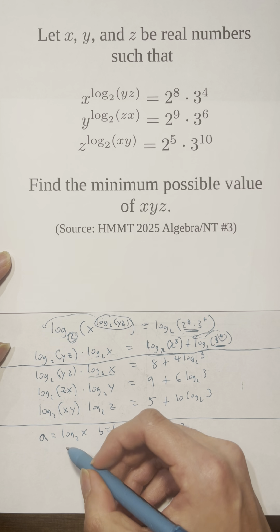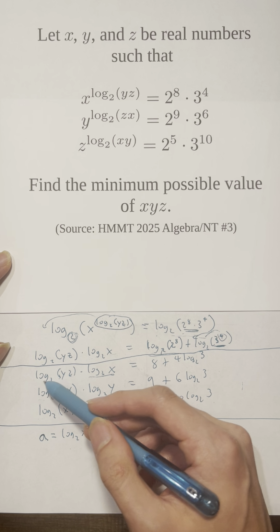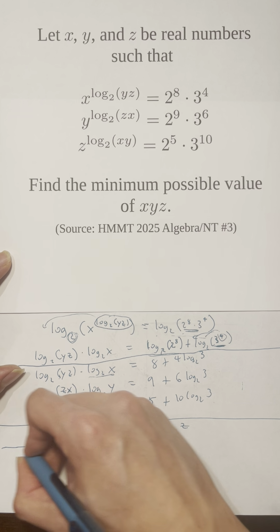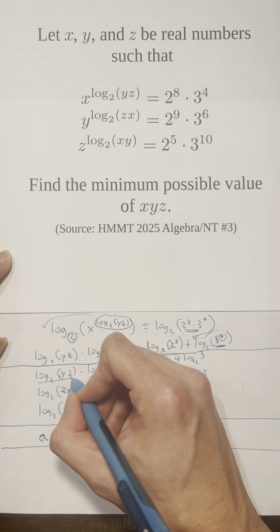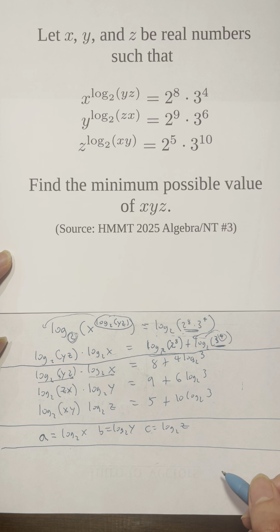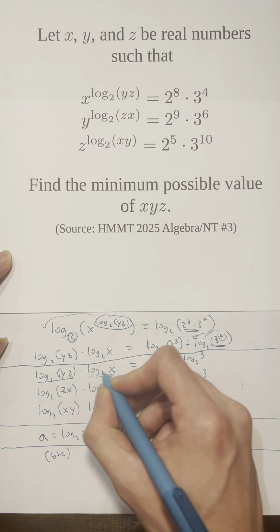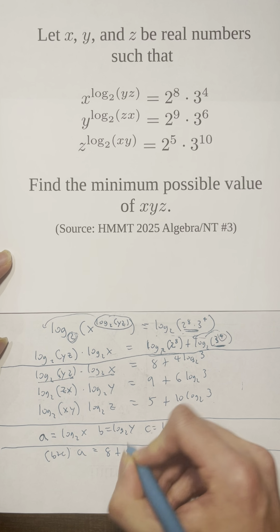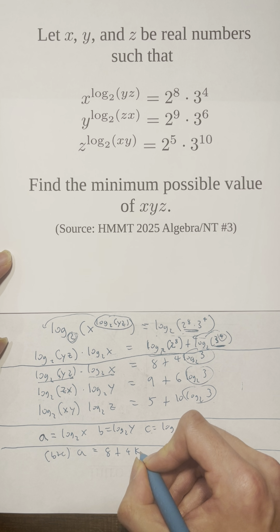The idea here is to make substitutions to get rid of these logarithms, to simplify it. So what's this going to be in terms of a, b, and c? That's going to be b plus c times, well, this is a. And again, if you see repetition, think about making substitutions.